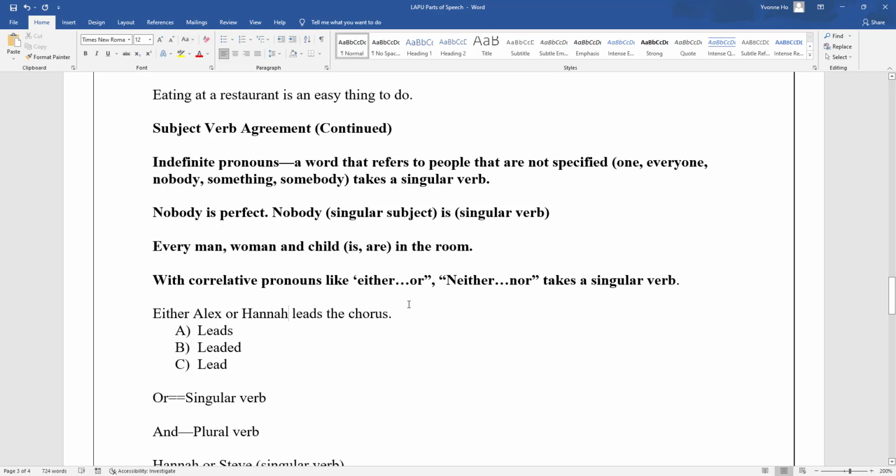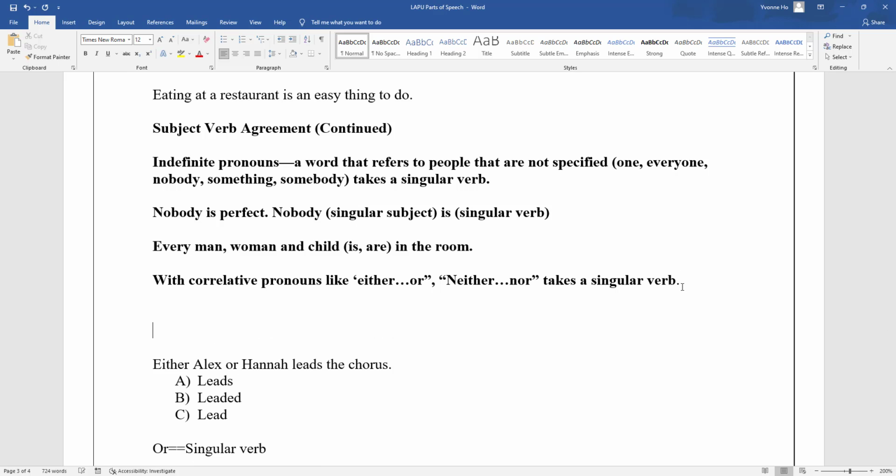So for example, if I say, neither my parents nor my brother are in the room. Now, when you have neither/nor or either/or, we agree with the second subject. So neither my parents nor my brother is in the room.